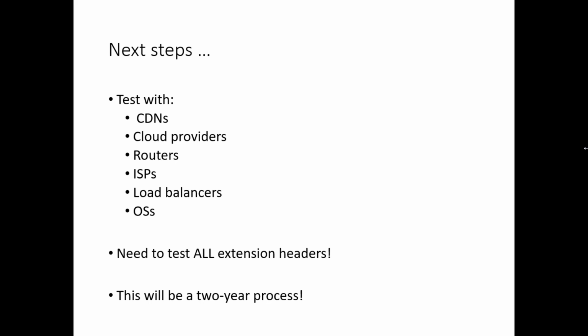If you would like to, we will be presenting these things at the IEPG, which is coming up for IETF 115. We also will have a number of drafts which go through and tell you, if you want to do such testing yourself, how do you do it for your own network, the kind of tests that we're doing? How do you test if your CDN is doing extension headers or supporting IPv6 properly? Same for cloud providers, routers, ISPs, and so on.